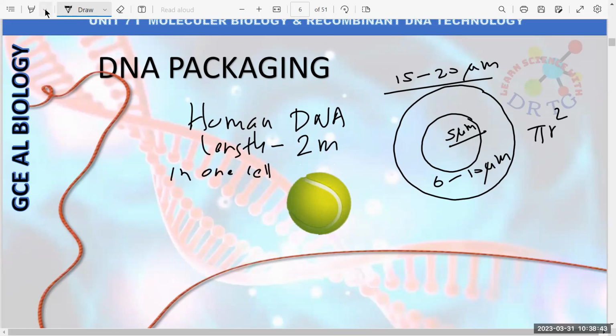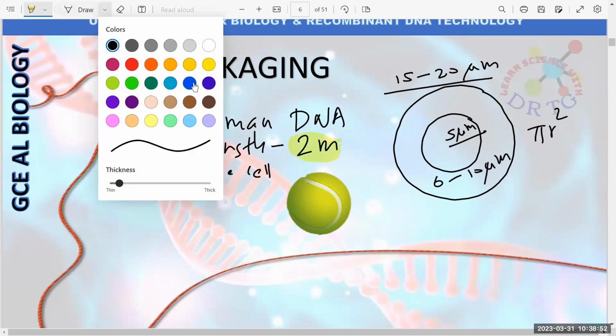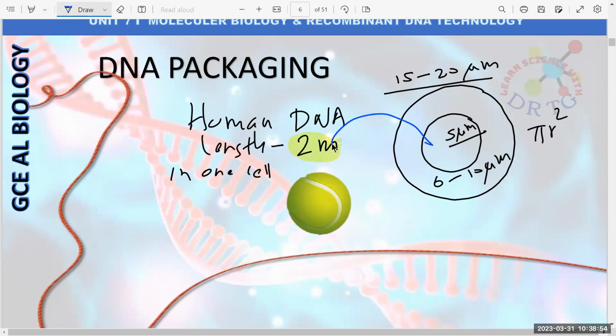Now you can understand the challenge. A 2 meter long DNA molecule is going to be packed into a 5 or 6 micrometer nucleus. This is something like a 40 kilometer thread being packed into a tennis ball.